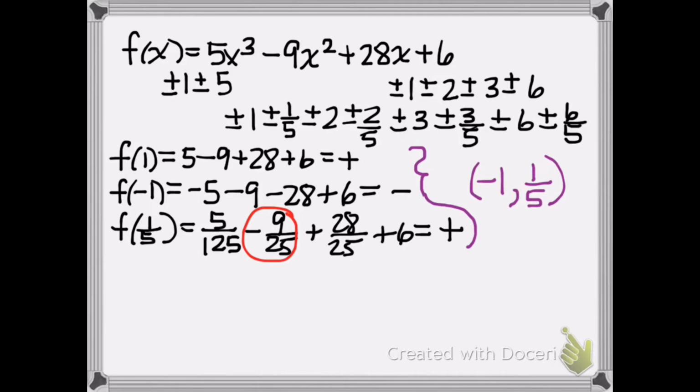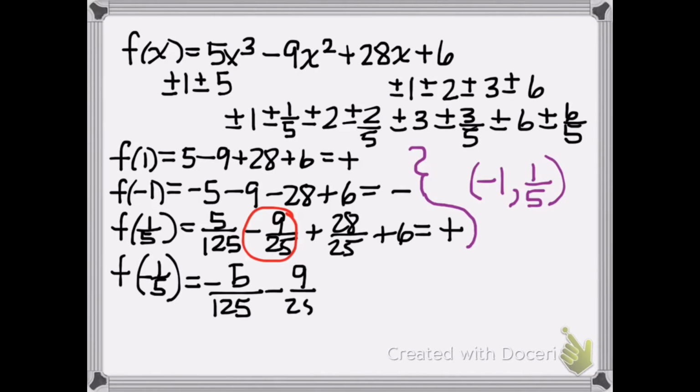Let's go on to try f of negative 1/5. All right, so I'm going to have a negative 5 over 125, and I'll still have minus 9 over 25, and then I'm going to have a minus 28 over 5.